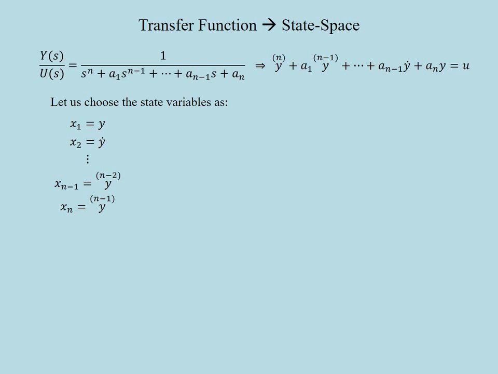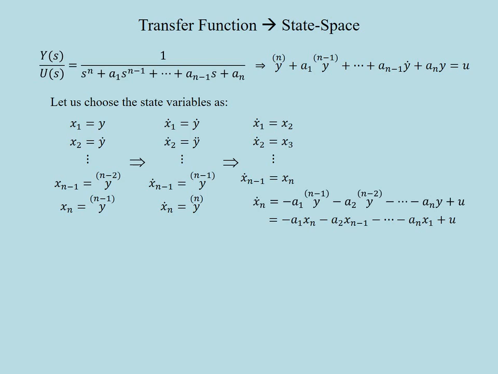That is, the first state variable will be equal to y, and xn will be the n minus first derivative of y. If you differentiate these equalities, you will notice that the derivative of each state variable is simply the next state variable, and the derivative of xn, which is equal to the nth derivative of y, can be written from the differential equation in terms of the other derivatives of y or other state variables.